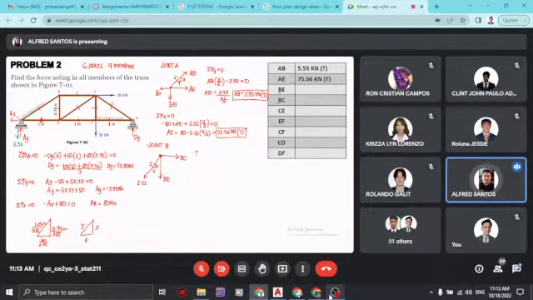So let's start with summation Fy, kasi si BE yung unang lalabas na sagot. Okay, so negative BE minus 5.55 times 3 over 5 is equal to 0. So what's your BE? Your BE is equal to negative 5.55 times 3 over 5, which is equivalent to, what's your BE?